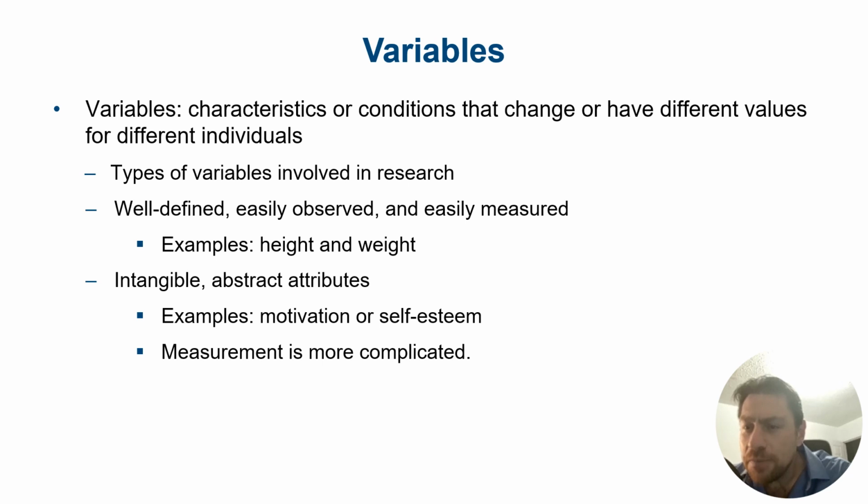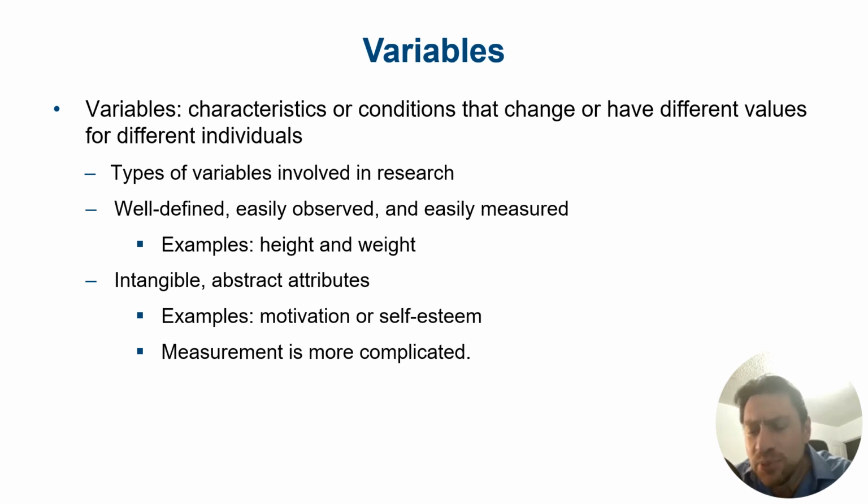So recall, a variable is a characteristic or condition that will have different values for different individuals. Now, some variables are pretty straightforward and easy to measure and define. For example, blood pressure, height, weight, income, the amount that somebody tips.